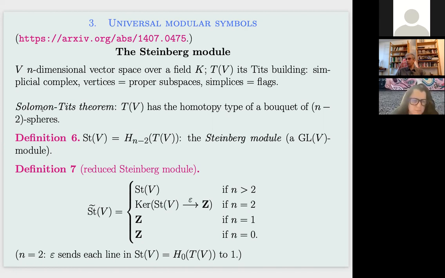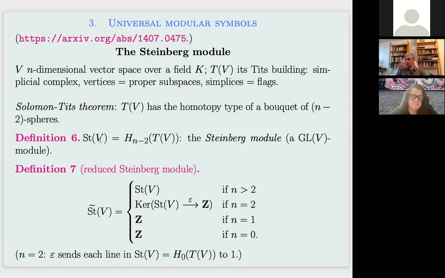Then the Solomon-Tits theorem tells you that T of V has the homotopy type of a bouquet of n-2 spheres, and therefore it has only two non-zero homology groups. That's Z, because it's connected, and the top one, which is the Steinberg module. GL of V acts on T of V, therefore it acts on Steinberg of V.